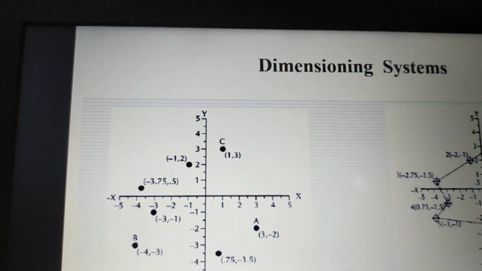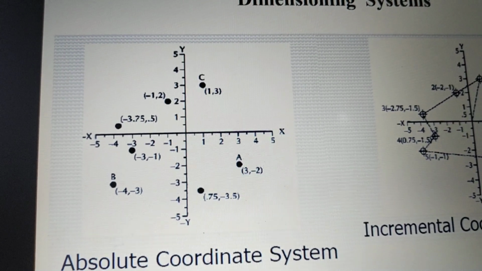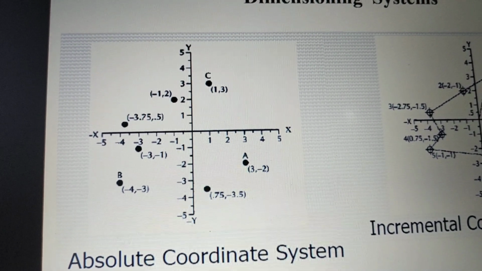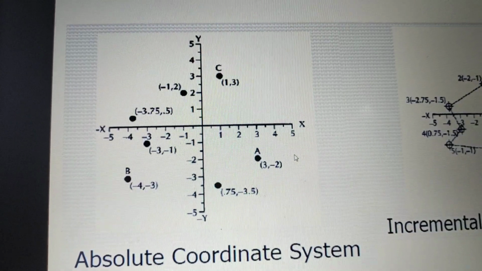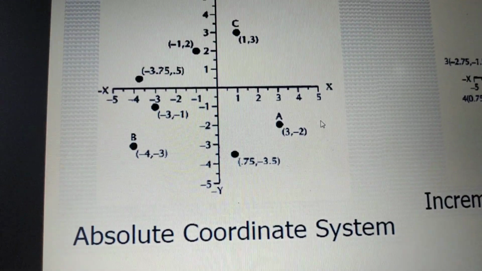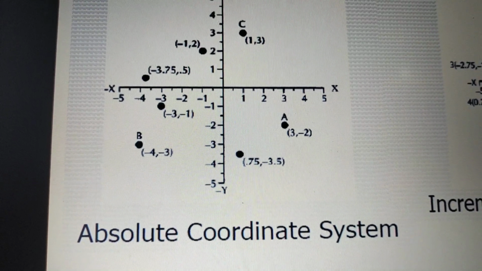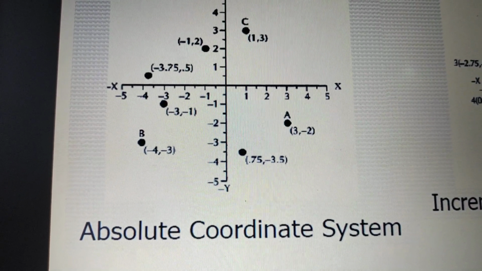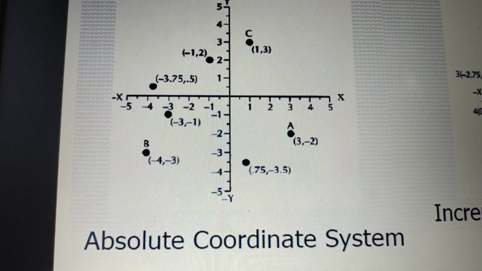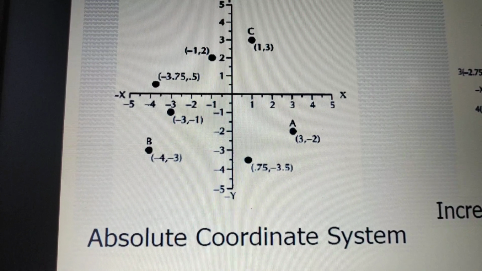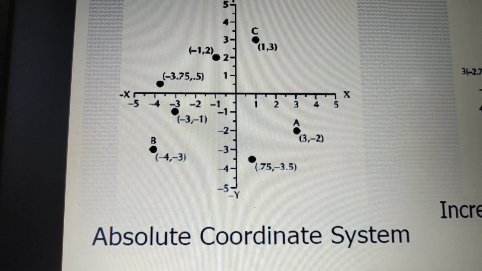Now we will see what are the dimensioning methods in CNC programming. This one is absolute. The first diagram is the absolute coordinate system. Here in the absolute coordinate system you can see the points A, B, C and D, where each point is located with reference to 0, 0.